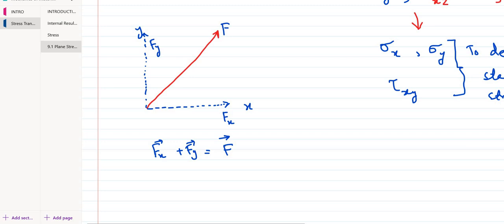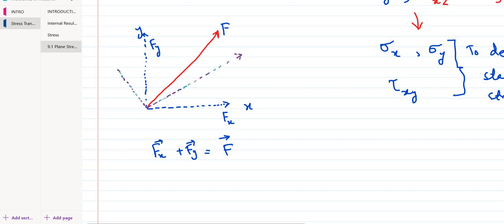Now, some other student, some other person would resolve into components maybe using a different set of axes. Maybe somebody else would like to resolve them into components in some other orientation. Maybe somebody would like to resolve them in this direction along these axes. Maybe somebody would like to know the components in these directions.